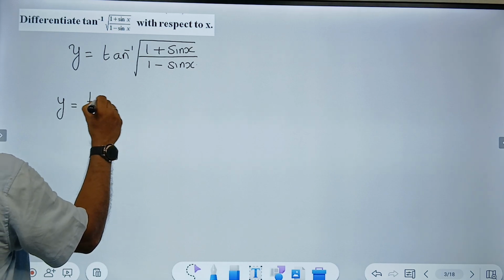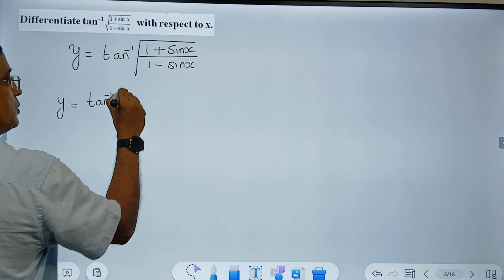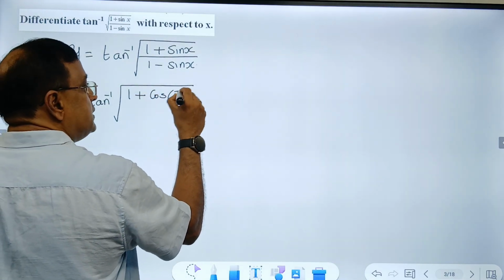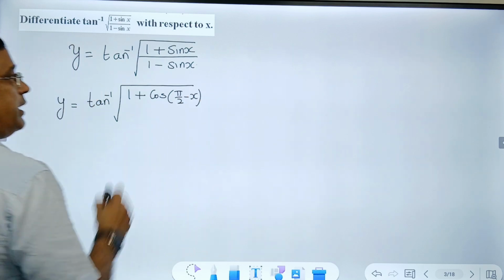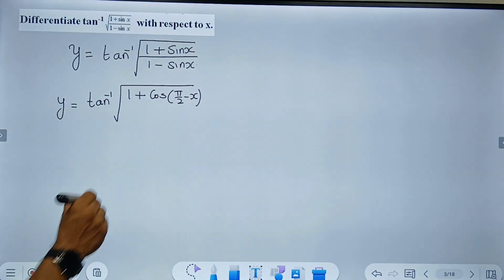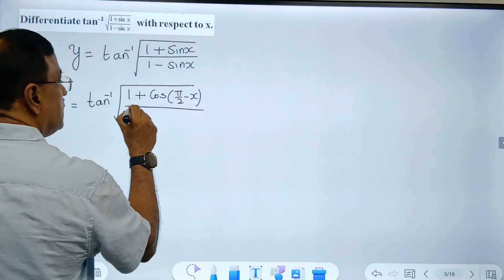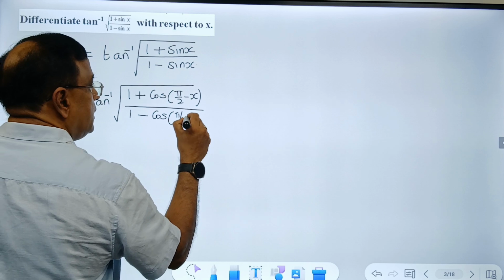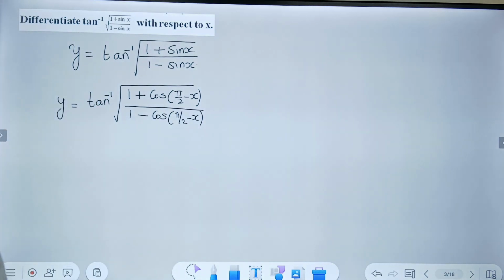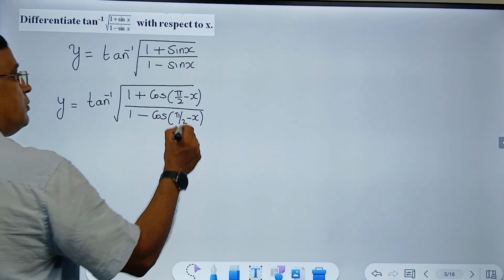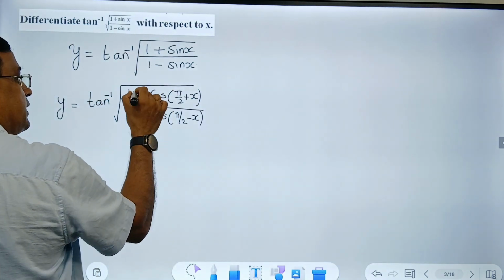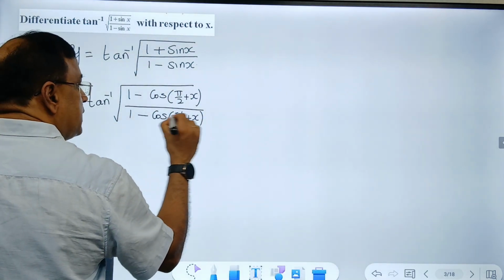So can I say this is tan inverse of square root of, I'm simplifying it, I will write this as cos 90 minus theta. Am I right? Sin theta is cos 90 minus theta. So this will be 1 minus cos of 90 minus theta. Or in fact, if you write cos 90 plus theta, then I can put a minus sign here, and if I put 90 plus theta, I can put a plus sign here.